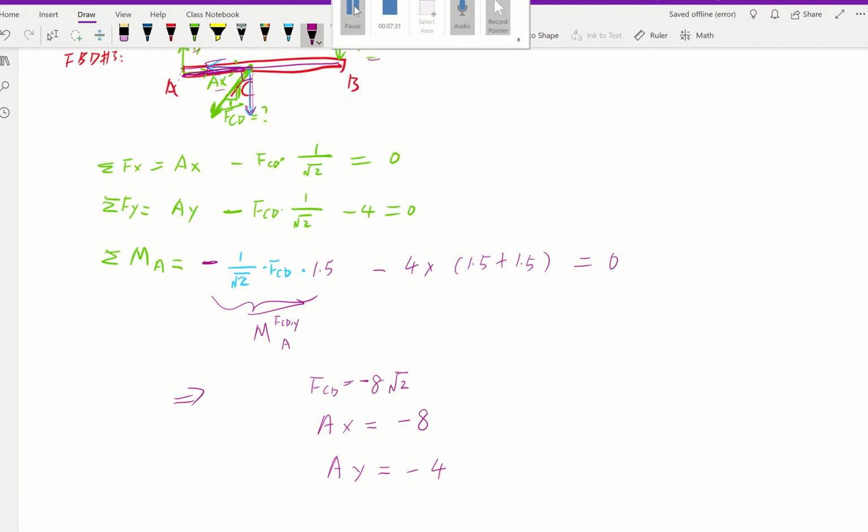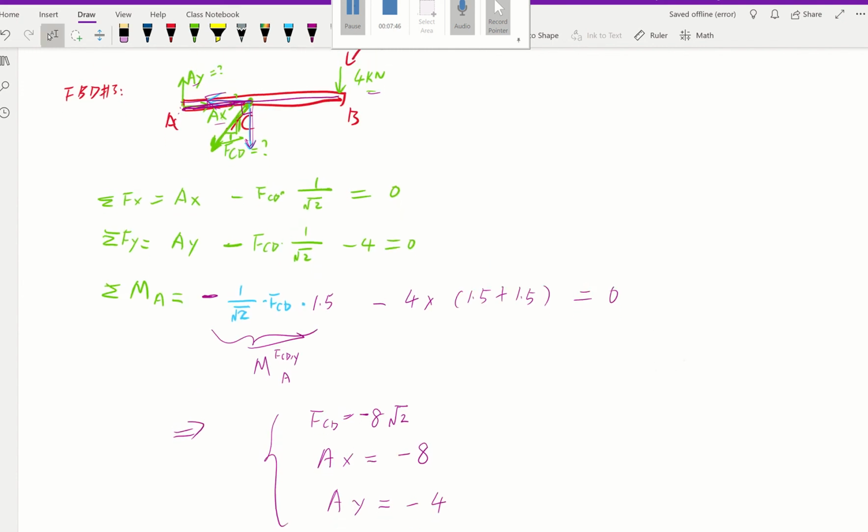Alright, so I had these answers as shown here for our FCD, AX and AY. Once we have that, we actually solve this problem.